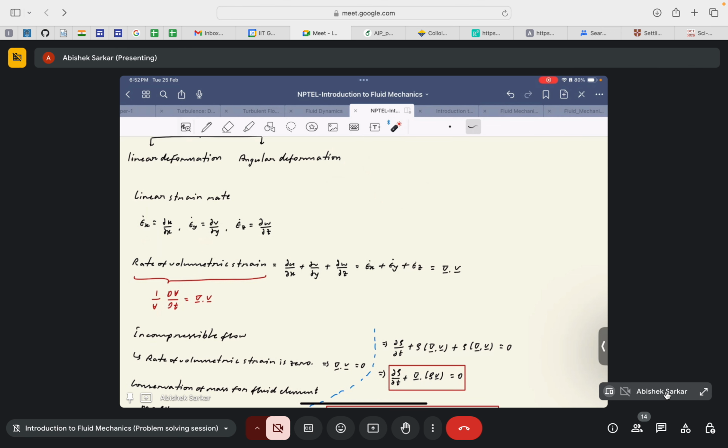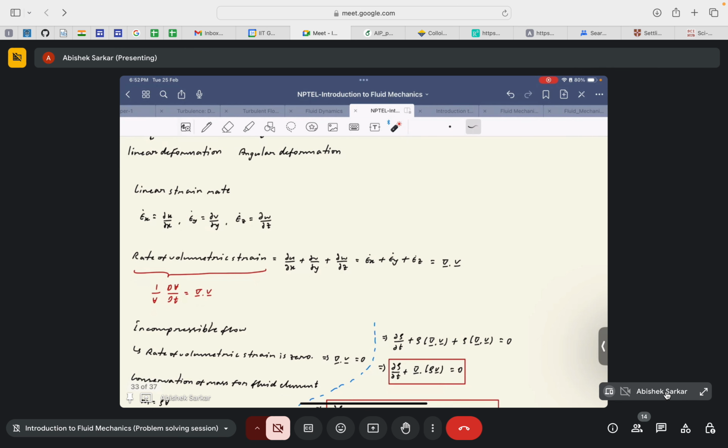Since we are dealing with fluid, it is the linear strain rate rather than the total linear strain that is the important parameter for analysis. So we deal with linear strain rate. That's why it is denoted as epsilon x dot, which signifies the rate of change with time.